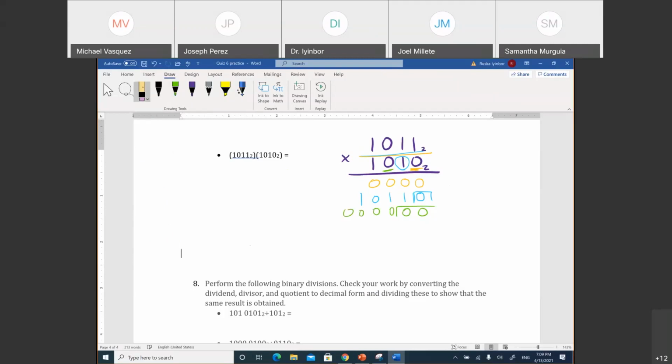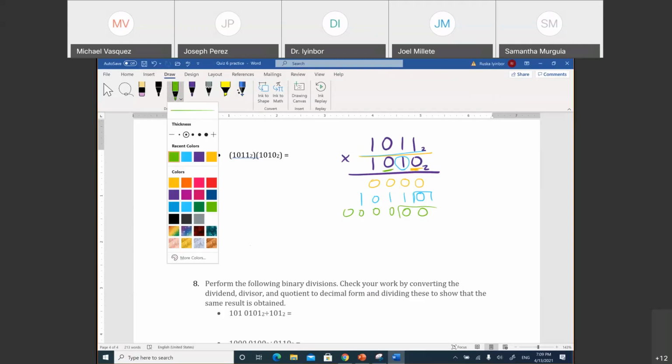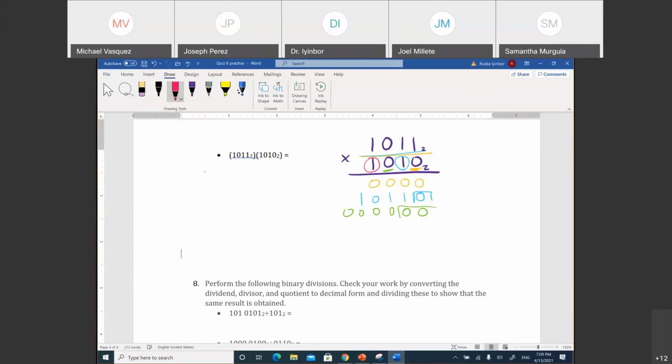Okay? And after that, I need to do the next one, which is this one here. So I need to put 3 zeros to space it. And then I need to multiply 1 times this, it's going to be the same. So it's going to be 1, 1, 0, and 1.